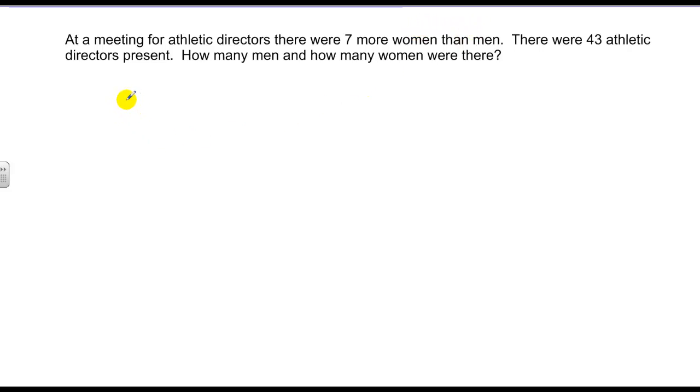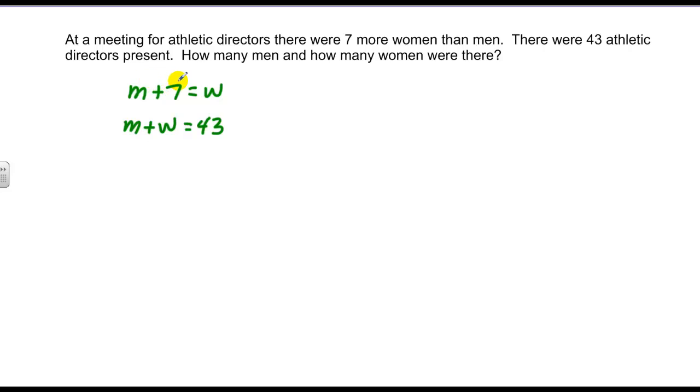So I know there are 7 more women than men. So if I say men plus 7 is equal to women, then there are 7 more women than men. That's what that means. There are 43 total people there, so the men plus the women is equal to 43.